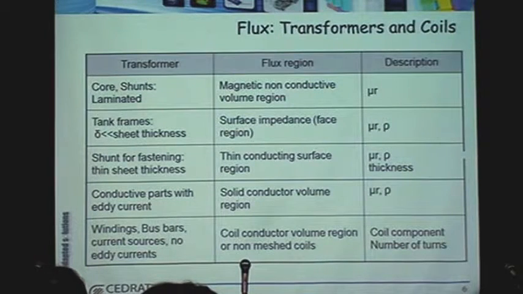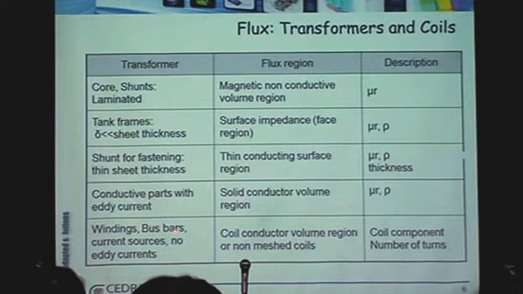We can still put a face, and it's just a different formulation where we compute the distribution of the eddy current through the thickness, but from the face. And lots of other conductive parts, so solid conductor volume regions, conductive parts, so those would be maybe the connection in the back and things like this. And then winding bus bars, current sources, no eddy current, this is just a regular coil with a number of turns.